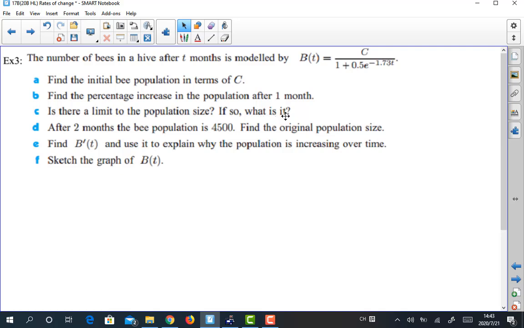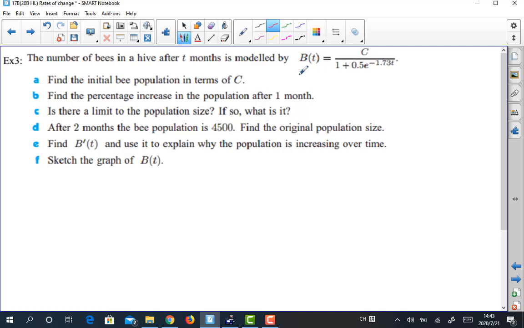If so, what is it? After 2 months, the bee population is 4,500. Find the original population size. Find B prime T and use it to explain why the population is increasing over time. Sketch the graph of this function.